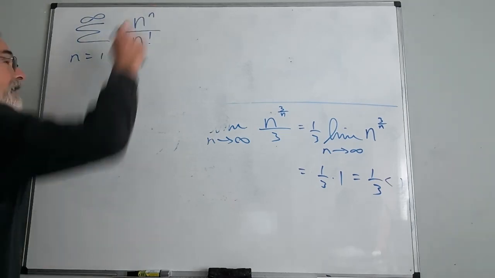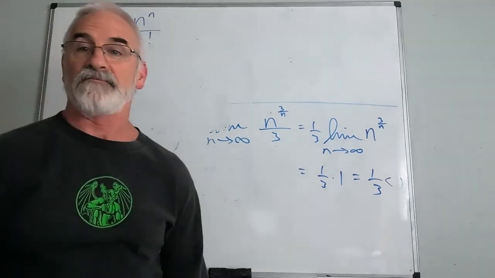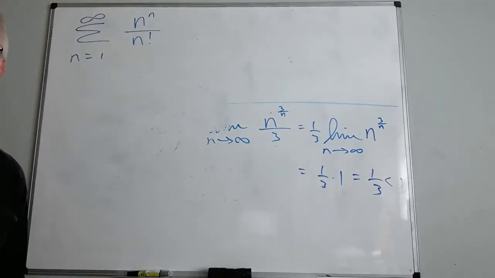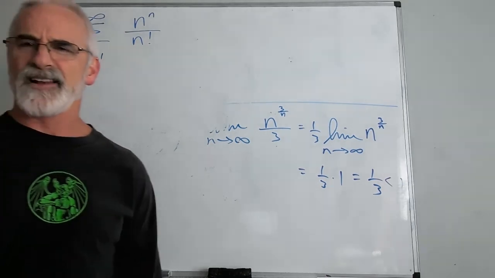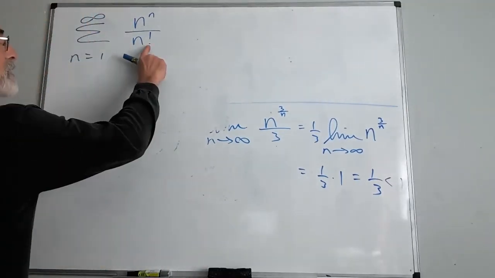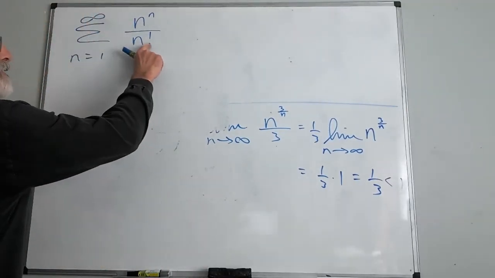I see that n to the n, and I'm thinking root test. Can I use a root test on this one, based on what I've just said? Anyone? Can I use a root test?